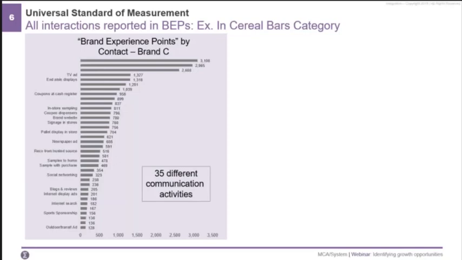So it's a very long list. The maximum is typically around 35 contacts, and they will be spread across all of the major types of activities. So point of sale activities. For example, in a drinks category, you'd be looking at everything in the on trade: bars, pubs, clubs, restaurants, and those kinds of things.